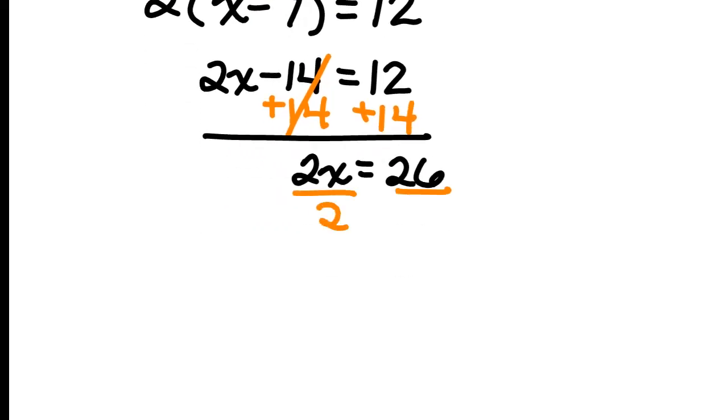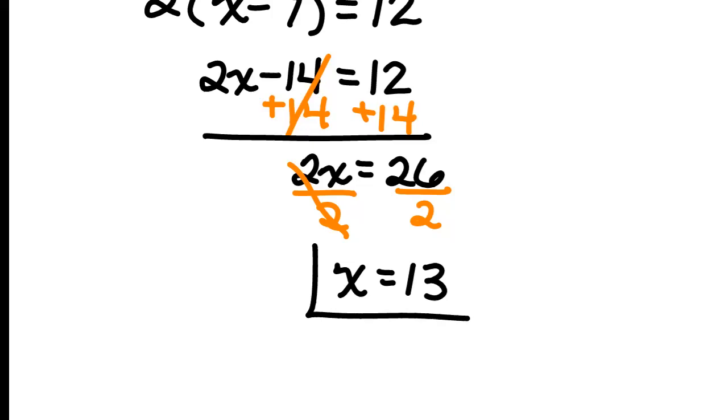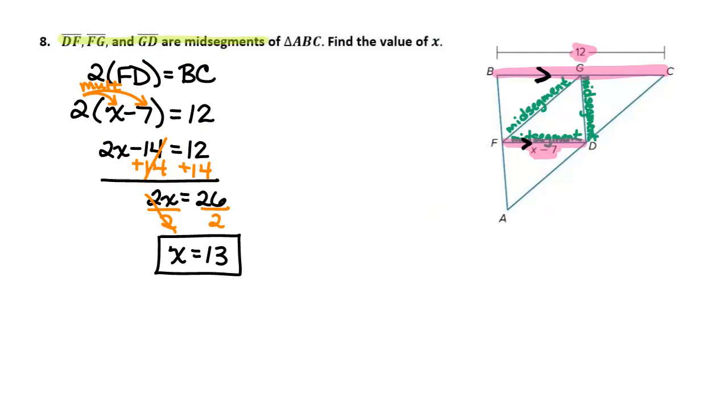And then I divide both sides by 2. And I get that x is 13. Remember, not only are mid-segments parallel to the side that they don't touch, mid-segments are half as big as the side they don't touch.